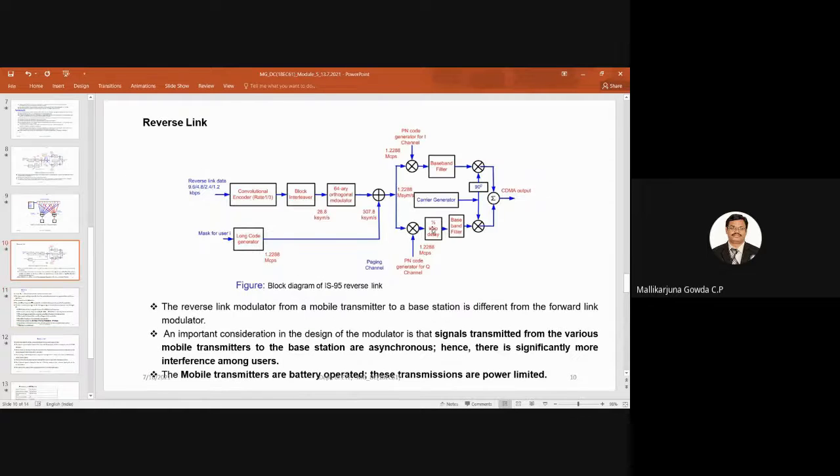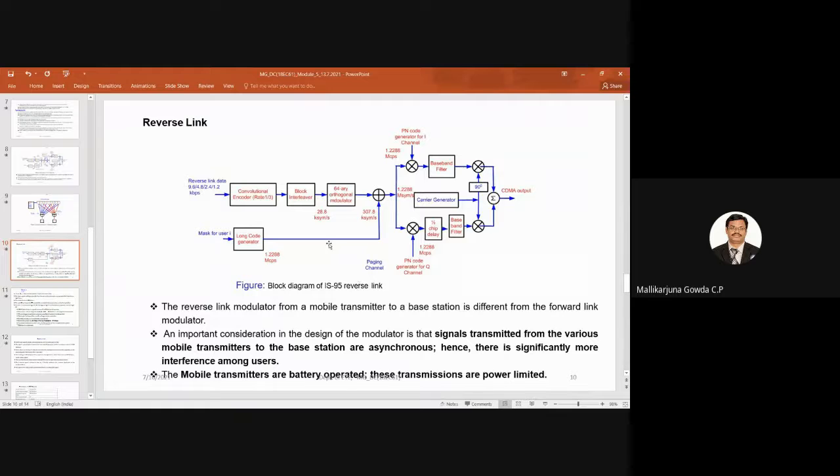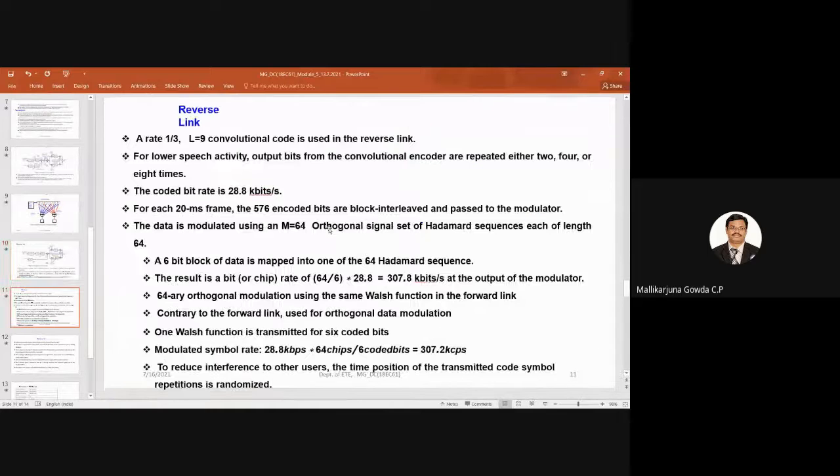To understand how we get 307.8 kilo symbols per second: 64 by 6 times 28.8 kbps. The output of the block interleaver is 28.8 kilo symbols per second, and multiplied by 64 by 6, we get 307.8 kbps.